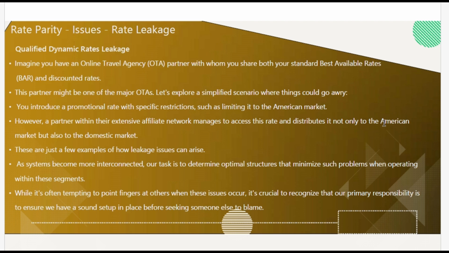We can say this is a problem from one of our B2B partners, from a wholesaler, or one of the OTAs. But first of all, it's important to recognize that our primary responsibility is to ensure we have a sound setup in place before seeking someone else to blame. So we need to set up the system in a way which avoids rate leakage as much as possible.